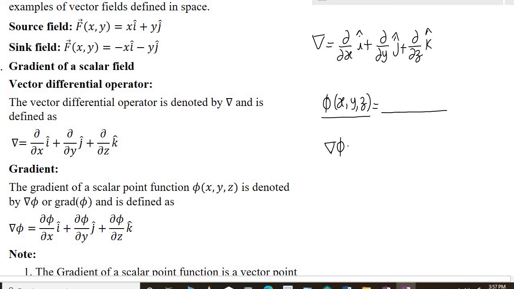Gradient of a scalar point function is denoted by grad phi or grad of phi and is defined as grad phi equal to dou phi by dou x i crown plus dou phi by dou y j crown plus dou phi by dou z k crown.